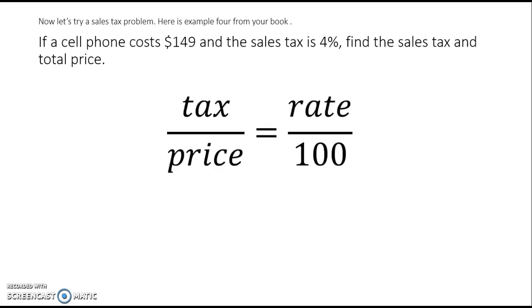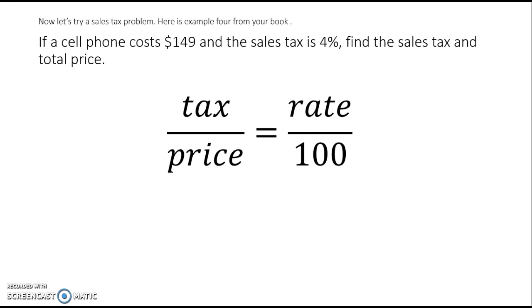First off, the rate is the percent, so it still goes over 100. But what you have to remember is that tax is a percent of price. So it's the percent of price that should go on the bottom of the other ratio. And then, of course, the tax will go on top of that ratio.